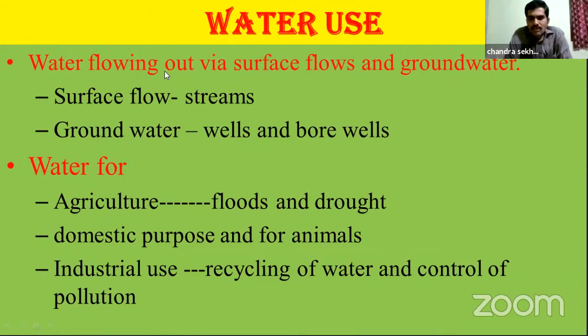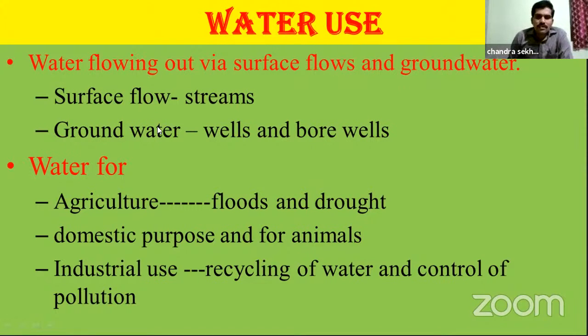That effluent water should be treated in recycling plants set up by the industries. If the industries don't do this properly, the river water may be contaminated because of the effluents released by industries. So these are the major uses of water: for agriculture, for domestic purposes and animals, and for industrial usage.